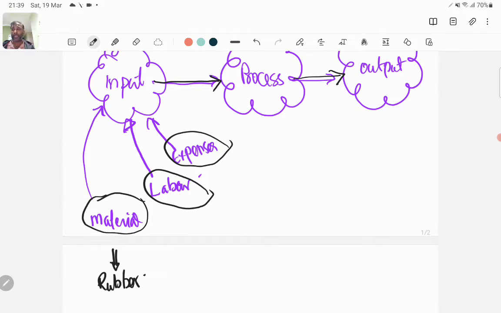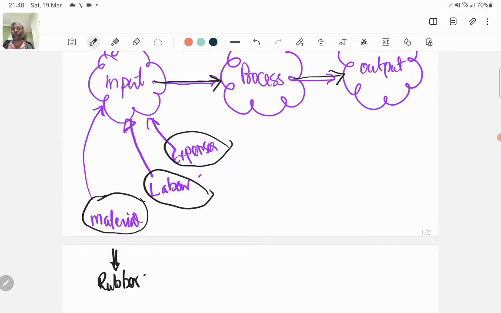Labor is the same story. There are certain laborers who are directly involved in the production process. If I phrase it like this, in the absence of this group of laborers, we are unable to complete our production process. On the other hand, there is another set of labor who are still essential in our business, but their absence will never jeopardize our production process.